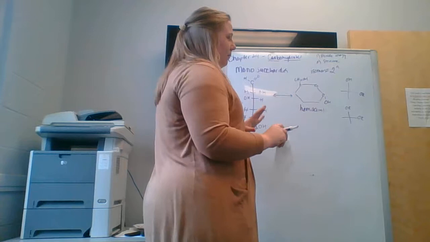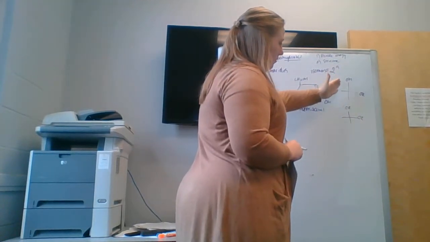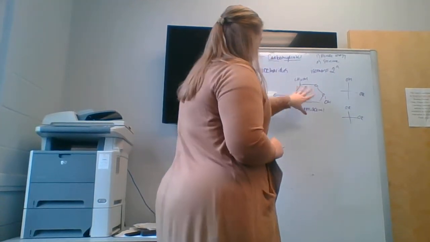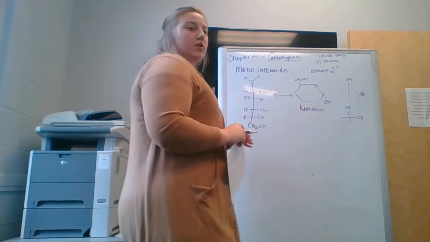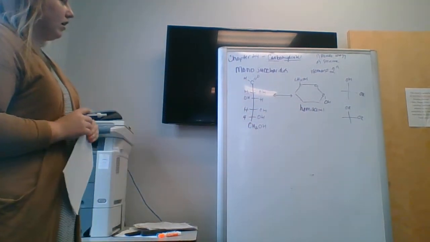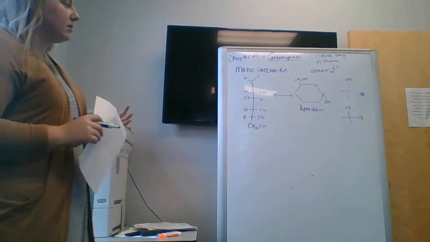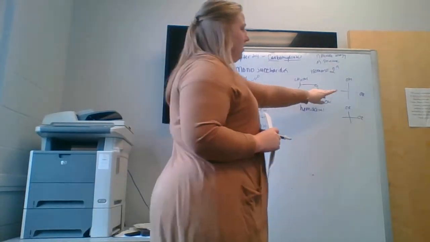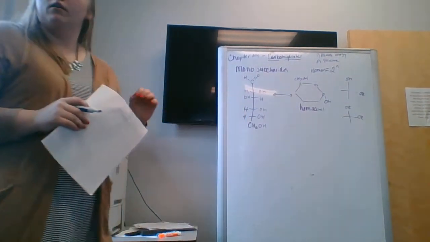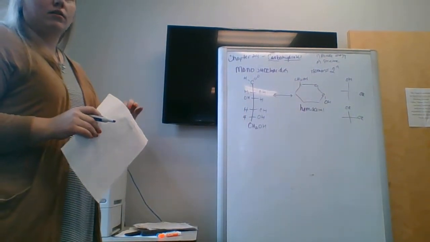Okay, so those are two separate things. If you're just comparing these two, this one's more stable. When you're comparing these two, hemiacetal is more stable. So be careful when you have questions asking about stability. Make sure you know whether you're talking about monosaccharides or if you're comparing these two. Any questions so far?